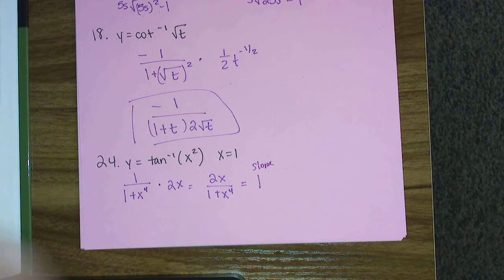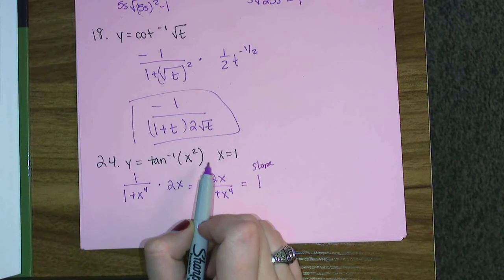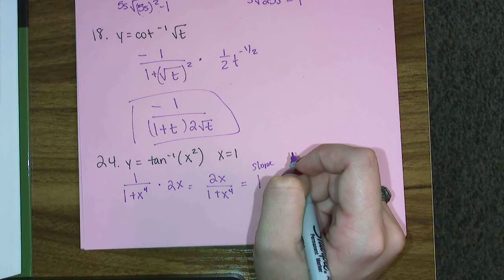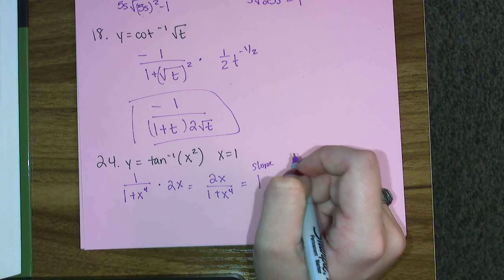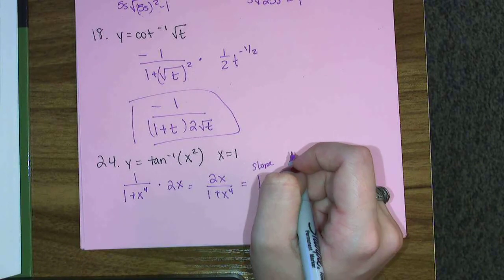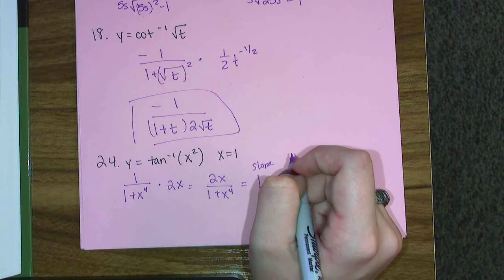Now I need my y point here. So what would I need to do to get the y value? You might have to actually do it on your calculator because it's a weird one.